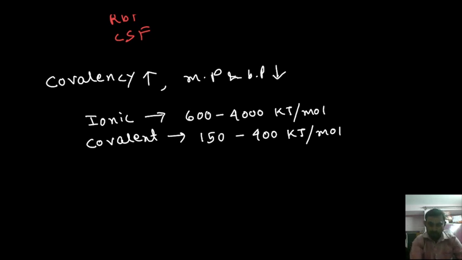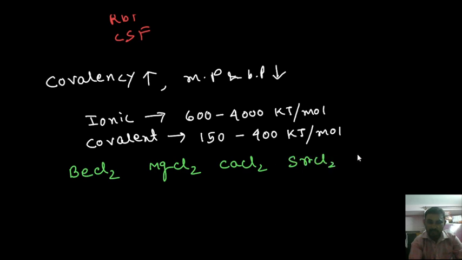So if I talk about some example: beryllium chloride, magnesium chloride, calcium chloride, strontium chloride, barium chloride. These are the group 2 metals: beryllium, magnesium, calcium, strontium, barium. As the anion remains fixed, the covalency is greatest in case of beryllium, because going down the group the size of the cation increases.